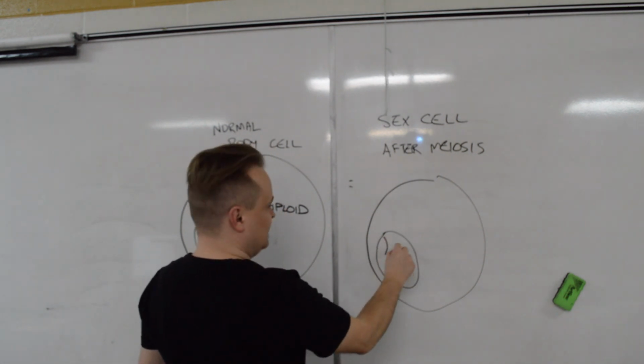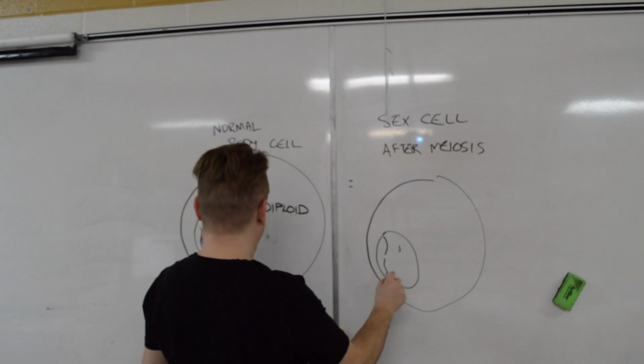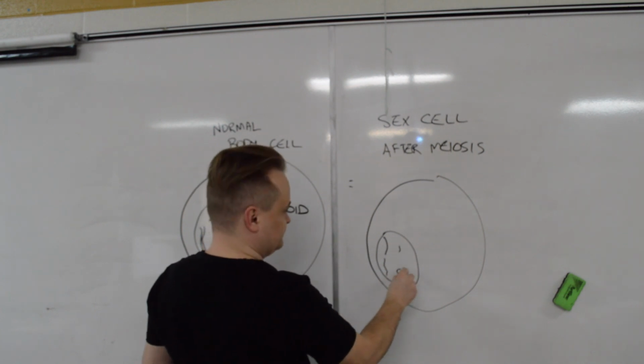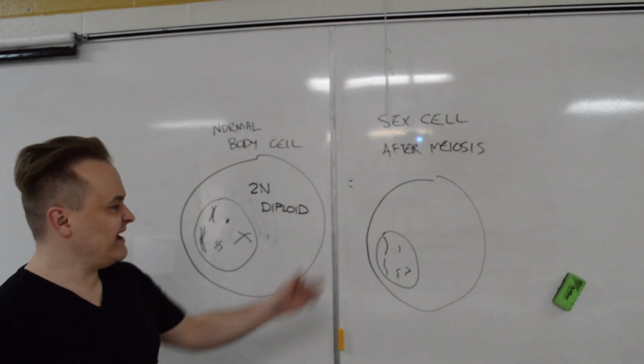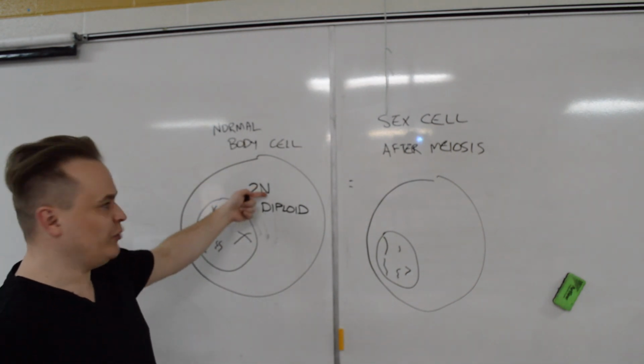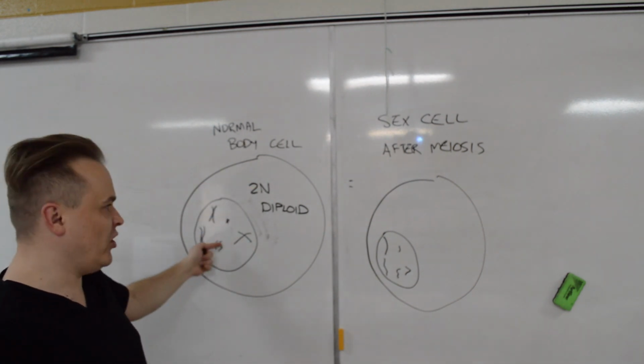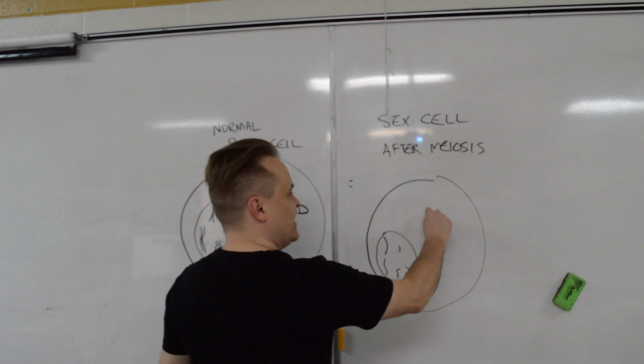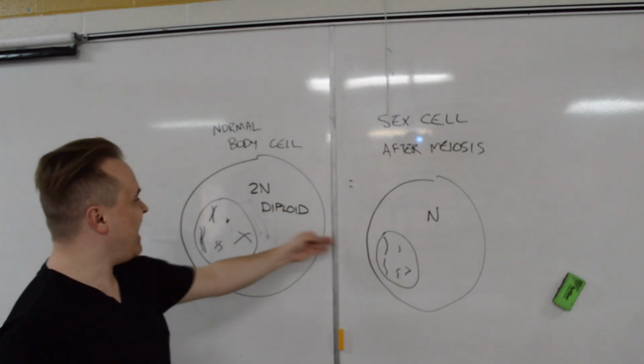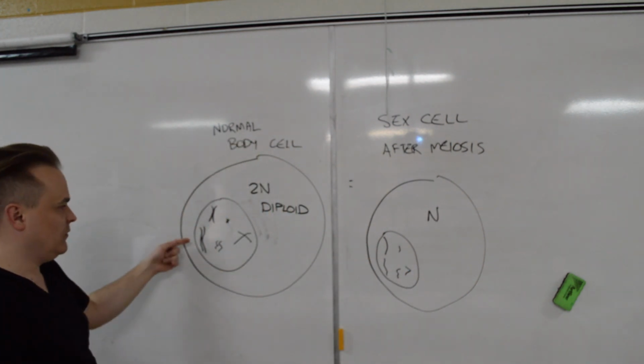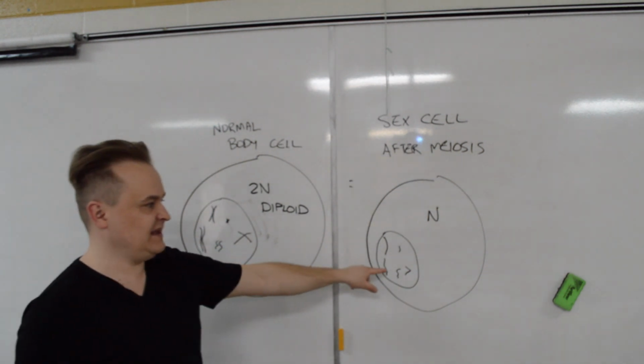There would just be an individual cell. It doesn't have a match, so instead of being 2n twice for partners, it's only 1n. It's got half as many chromosomes because there isn't two, there's only one by itself, right?